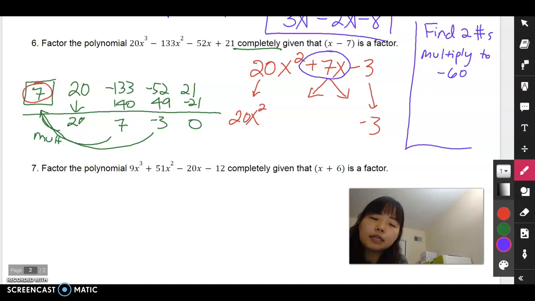Why negative 60? We always do the A times the C. But these 2 numbers have to add to positive 7. Why? Because they always add to the middle number 7.